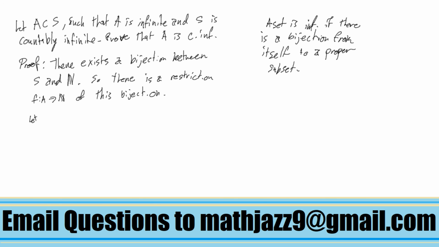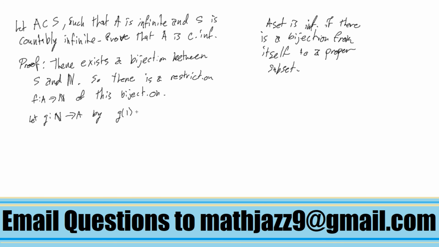So let G go from, let's say, A to N. No, go the other way around: N to A by G of N equals... well, let's do it this way.